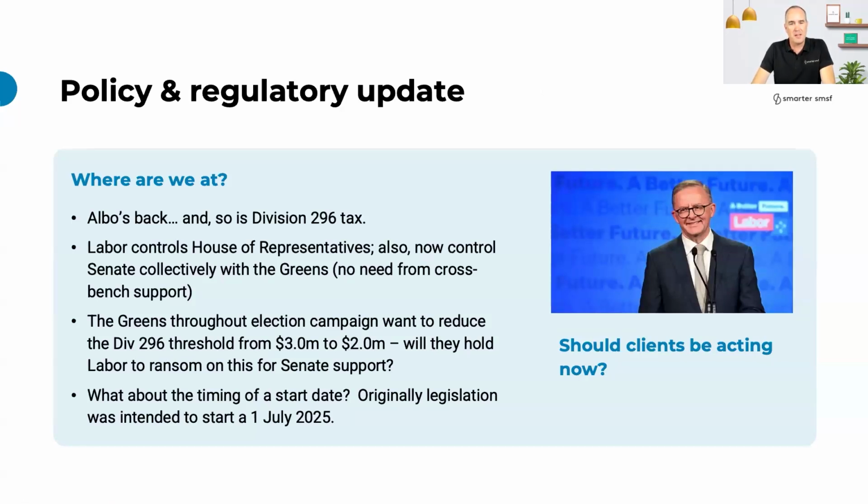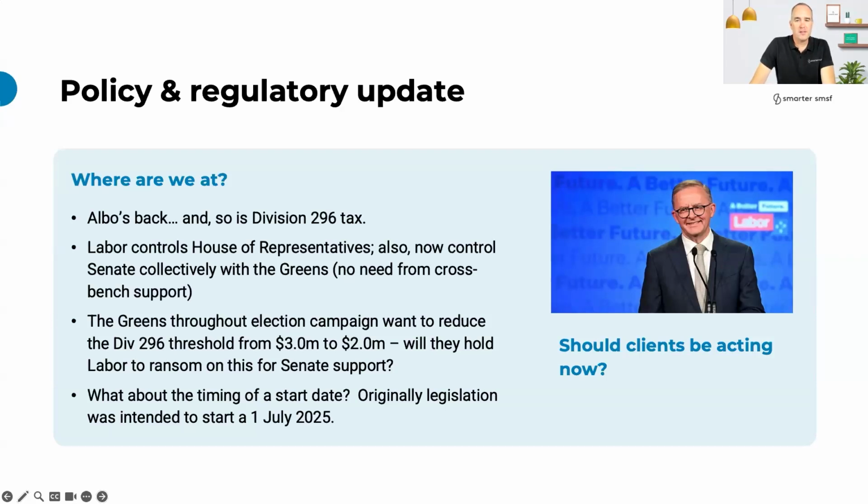And what that means from a self-managed superannuation fund perspective, specifically, because we know that this is where the large majority of this legislation was targeted, is Division 296. It goes back the best part of probably 28 months.